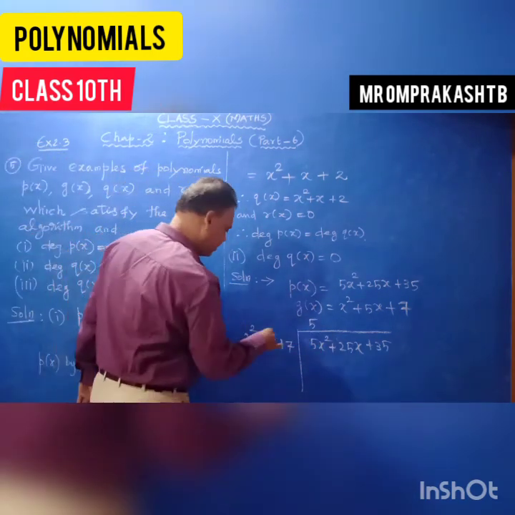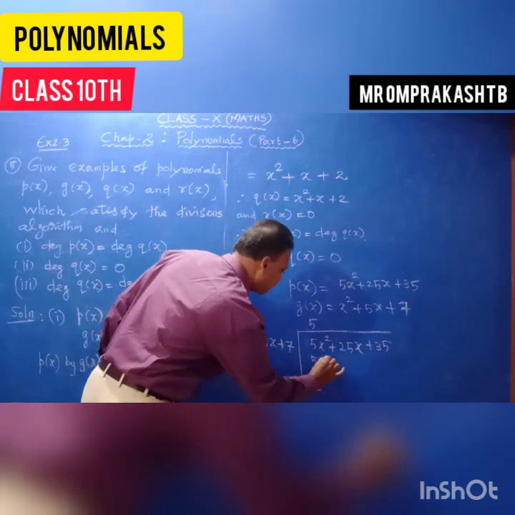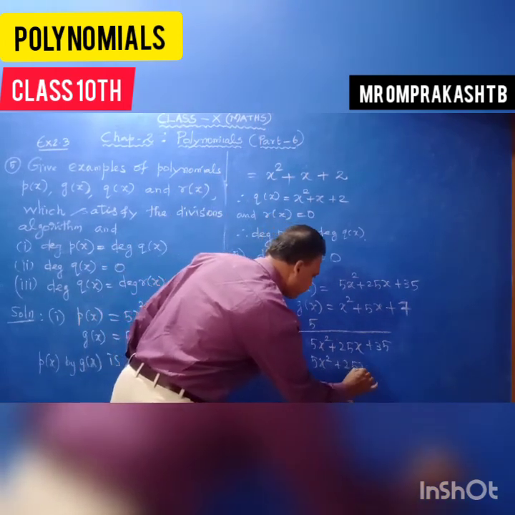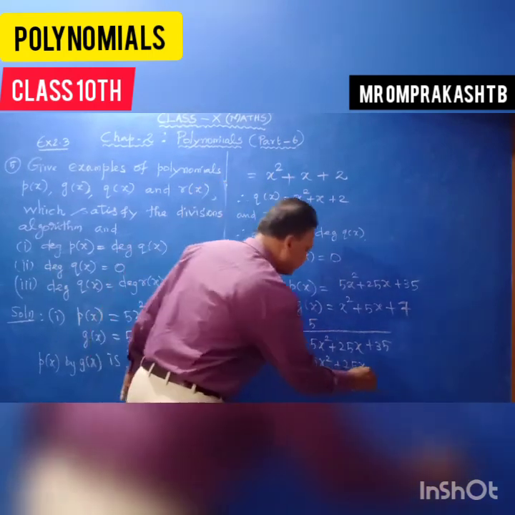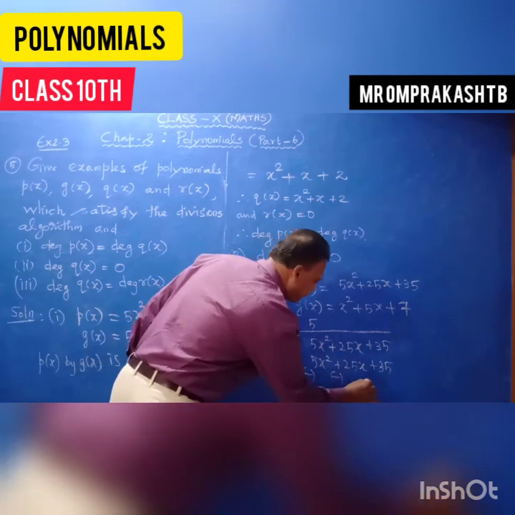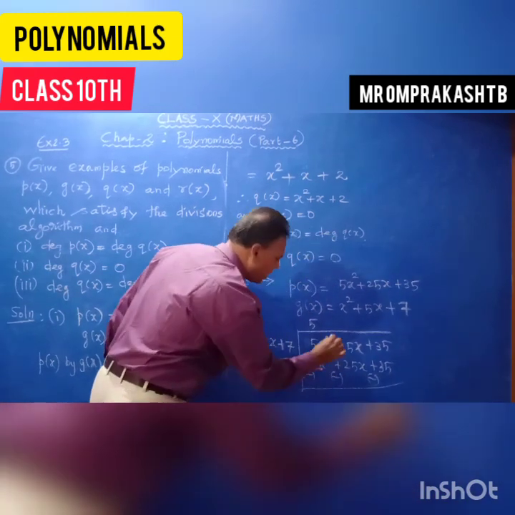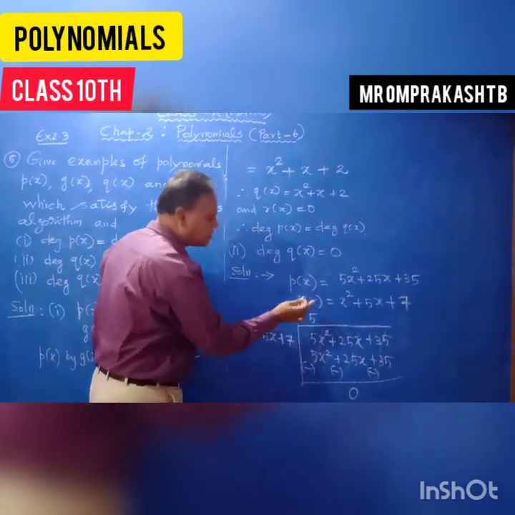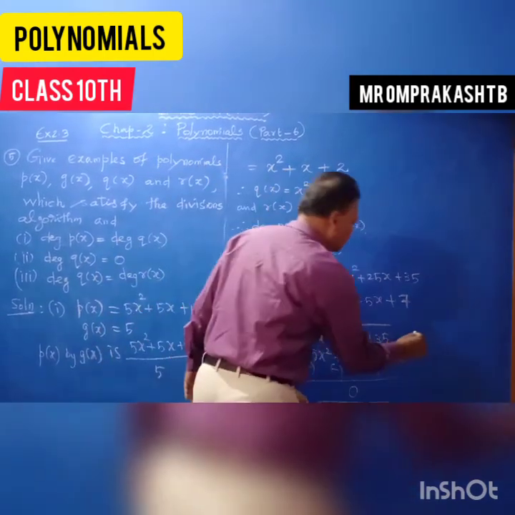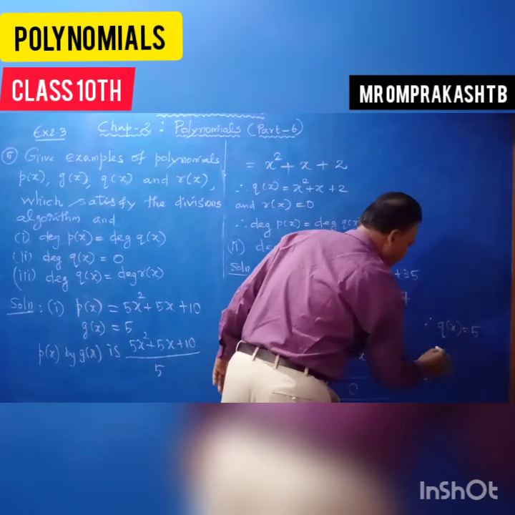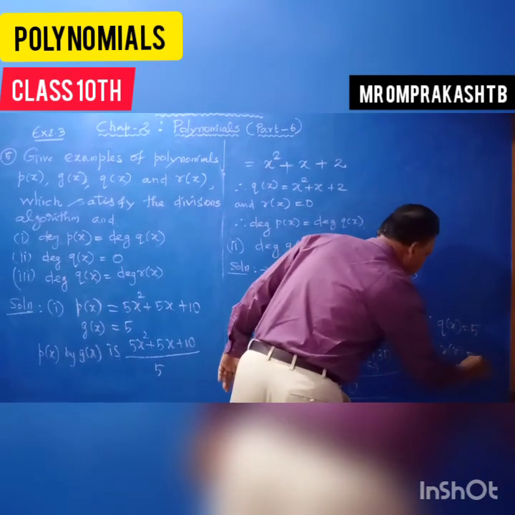Now multiply: 5x squared, 25x, then 35. Subtract. Everything will be cancelled, so the remainder is 0. But the quotient is some number. Therefore q of x is 5, and r of x is 0.